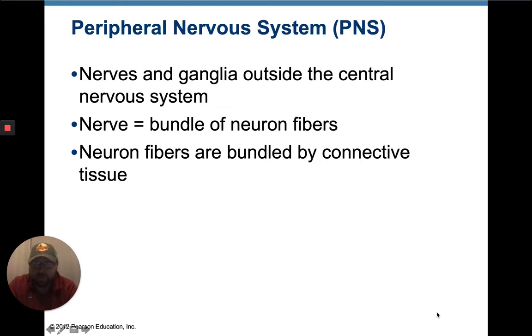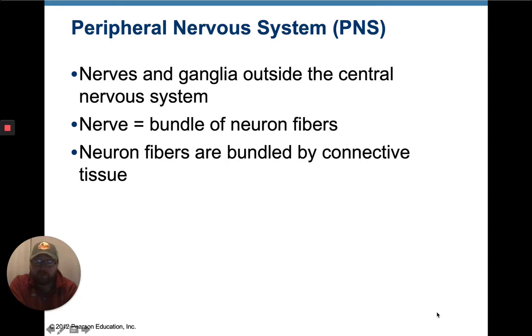Okay, so the first thing here is a nerve is a bundle of neurons. So we learned about neurons and the anatomy of a neuron. This is going to be a bunch of neurons all bundled together, and these are surrounded by connective tissue, because we usually spend a lot of time in class talking about how neurons are a lot like electrical wiring, and electrical wiring needs insulation.